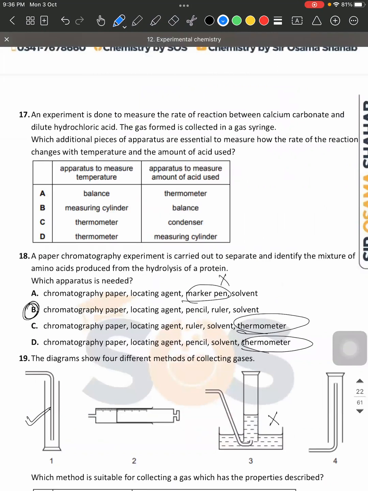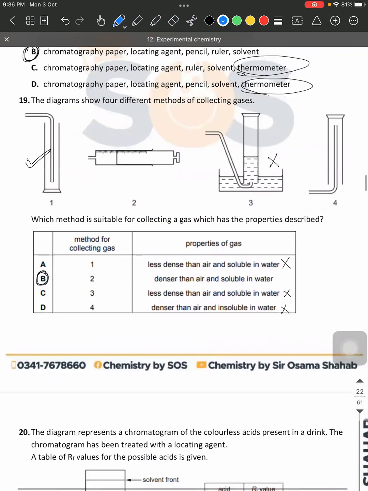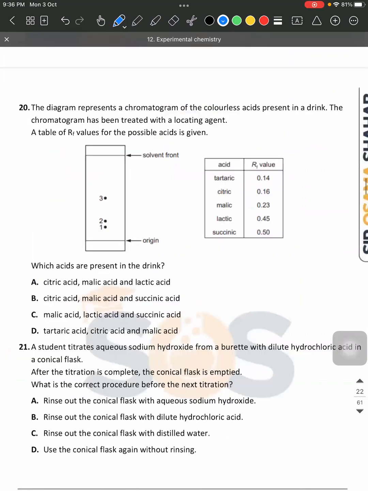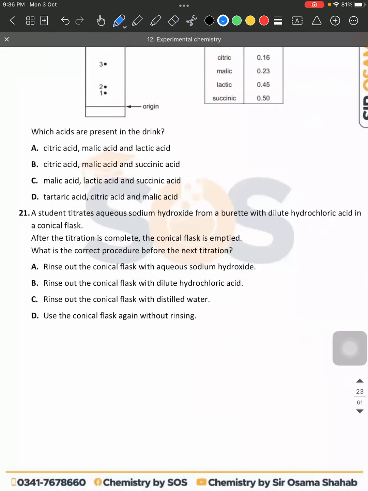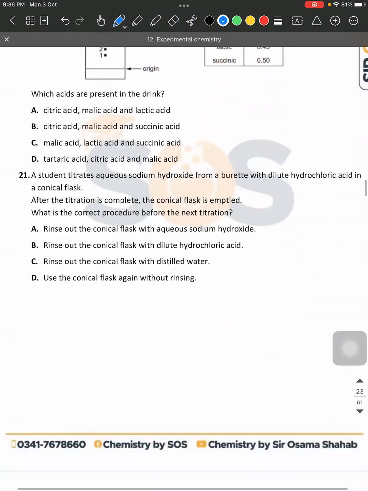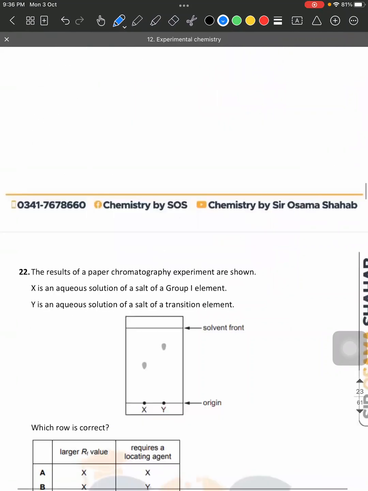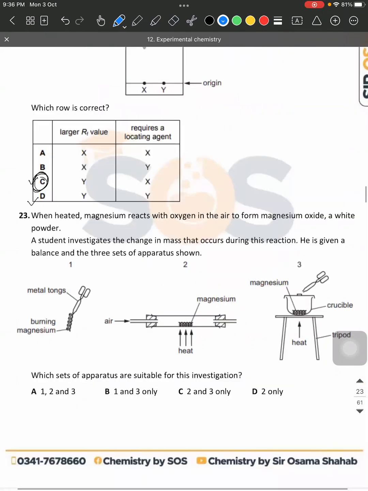I am leaving that question. It is also part of rate of reaction, so I am leaving this. You can solve this in your papers because we don't use a scale on the screen, so it will be a different answer on the screen. And this is titration. This is chromatography. We already did.